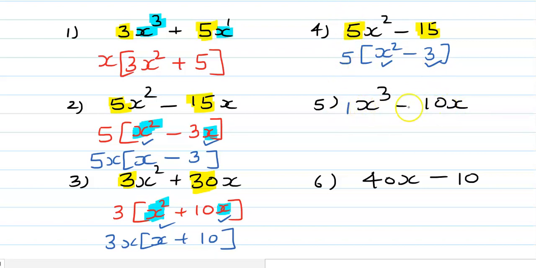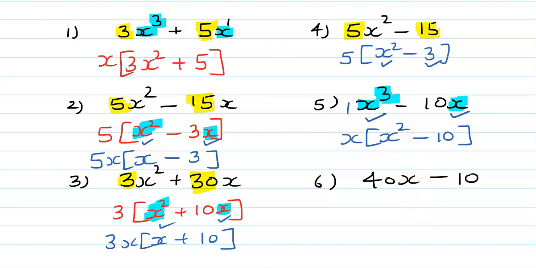So 1 and 10, nothing common. Yeah, so 1 can be out, no need to write it down. Let's sort out only letters, that is x has 3 and here x is 1. So how many maximum x's can we take from both terms? Definitely x out. So out of x3, one x is out, so it is x squared, this minus sign, and 10, this place is empty, so x squared minus 10.